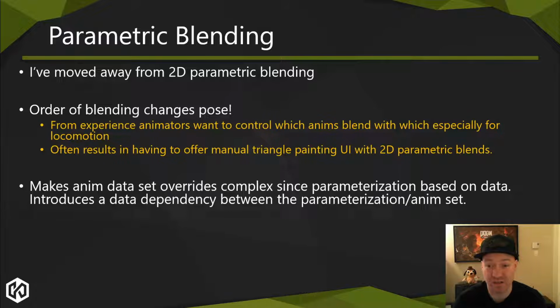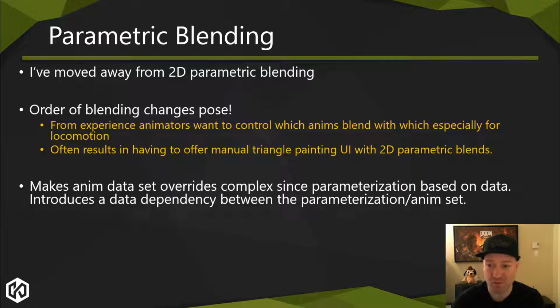And the animators know this inherently. That tool is just a pain usually, because now they have to try to understand what they're seeing. How does this map to what they kind of inherently know in their mind? I've just never seen a benefit to this. Additionally, it makes the anim data set overrides really complex because the parameterization is generally based on the data if you're doing the automated version.